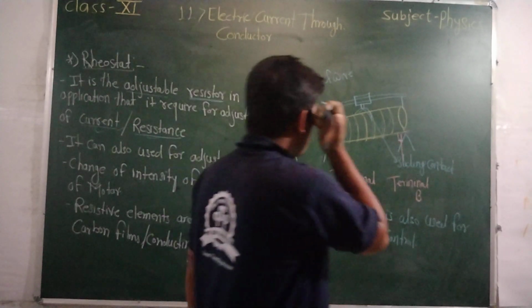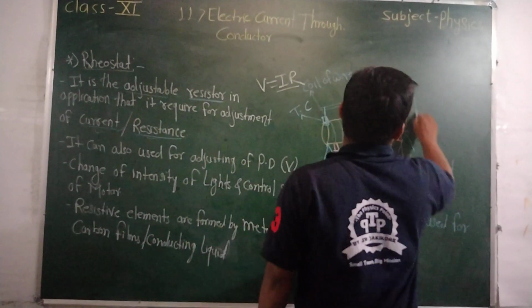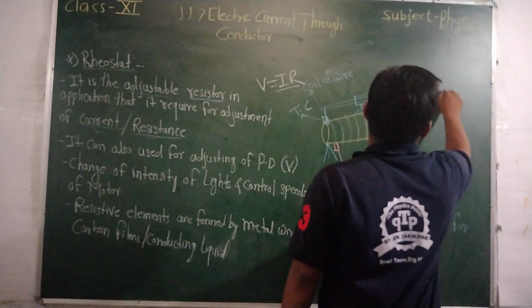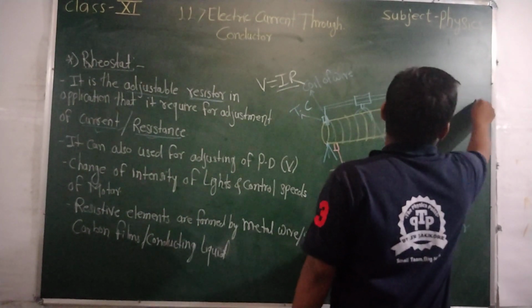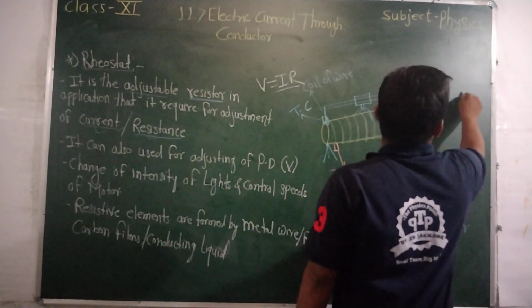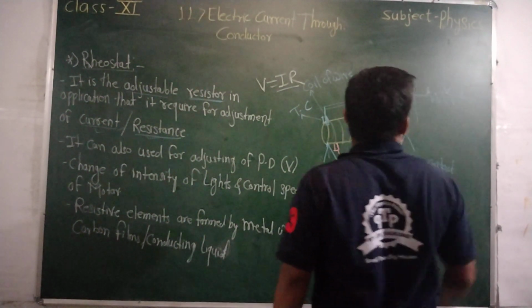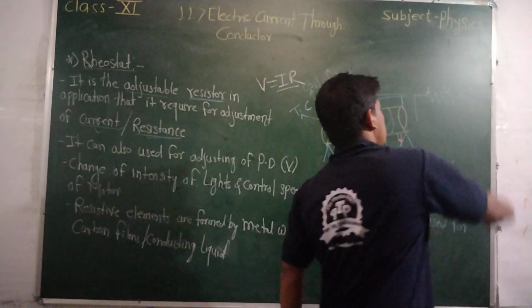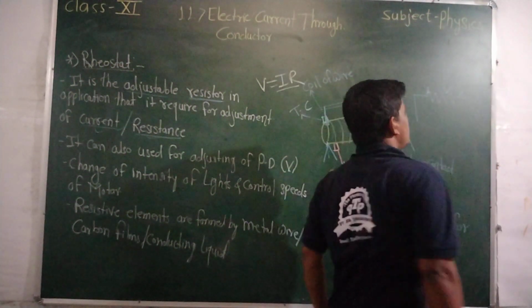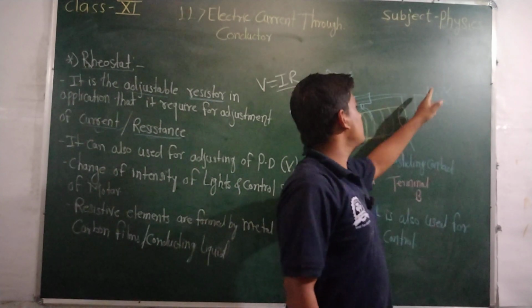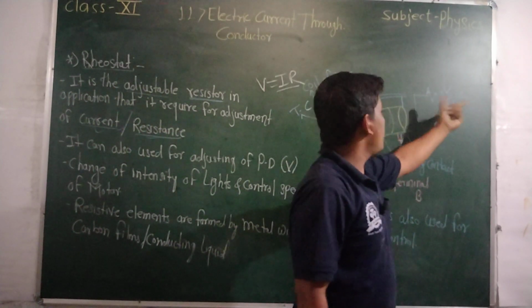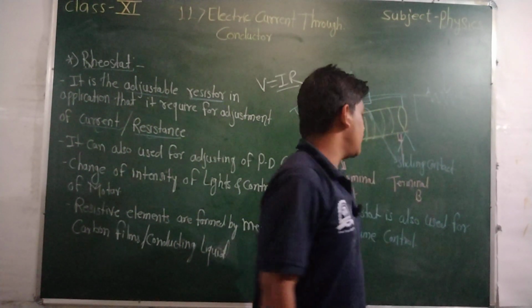In a circuit, we show the rheostat like this: consider this is the resistance, this is terminal A, this is terminal B, and this is another terminal. This is one wire, another wire, and a third wire, and this is the rheostat.